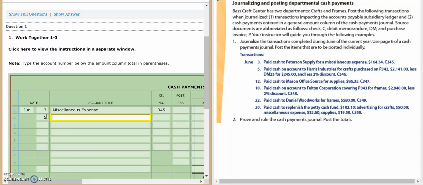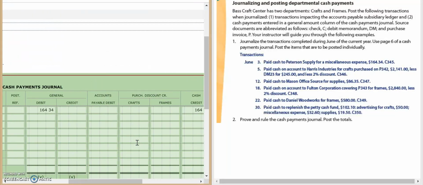So we need to do a little bit of figuring right now because we are not actually paying them the full 2,141. So we're going to take 2,141 and subtract out the amount that we returned, which was 245. So that means we owe them a total of $18.96. So I'm going to come over here quick and do my accounts payable for $18.96 so I don't forget to do that.